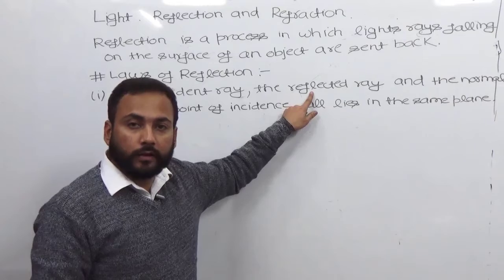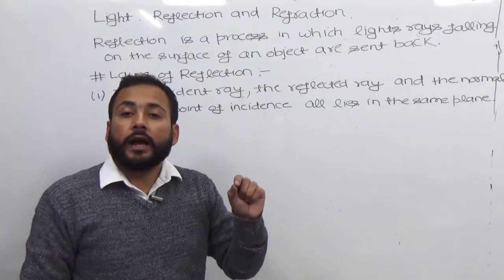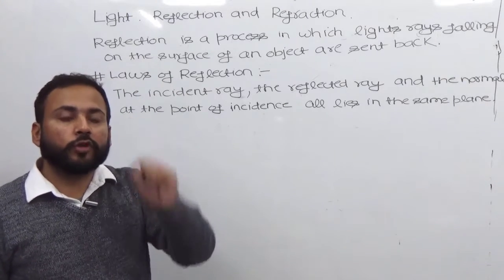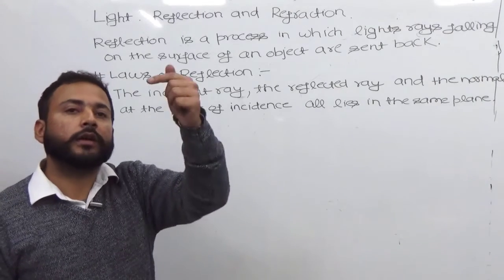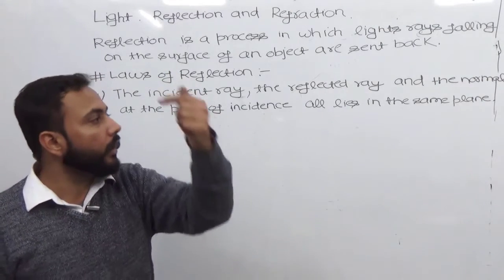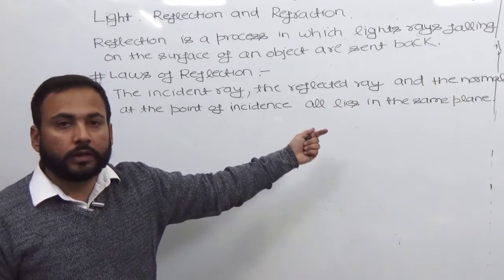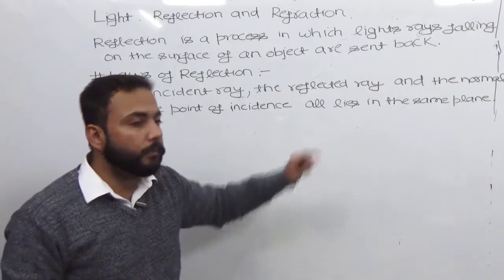And the normal at the point of incidence. What is the normal? Normal is a line that joins the center of the mirror and that point. So all three lie in the same plane.